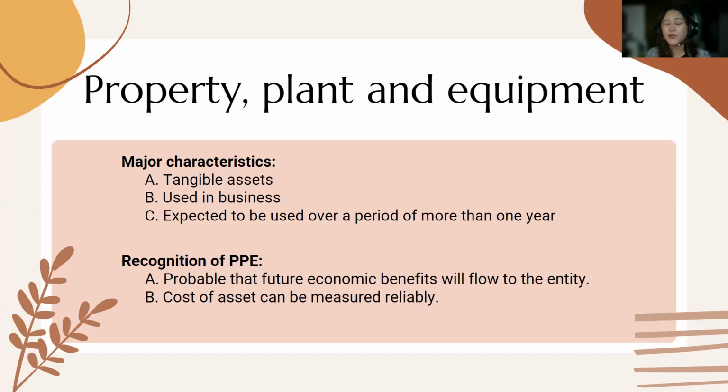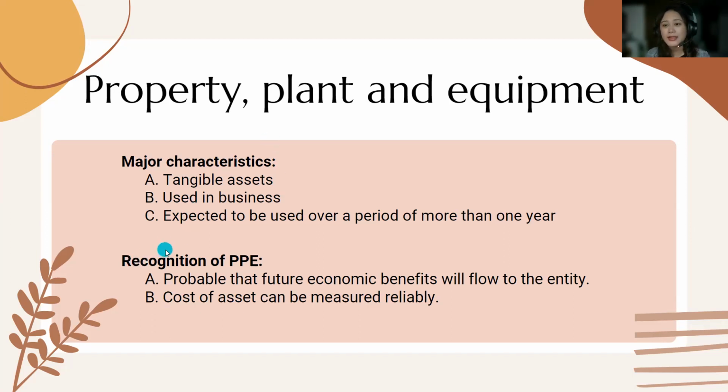Kunyari, meron kang equipment, pero feeling mo, less than a year lang ito magagamit. So, it should be expensed. Hindi na siya dapat i-treat as property, plant, and equipment. Kasi take note, ang property, plant, and equipment is under non-current asset. So, dahil asset siya, it should be used over a period of more than 1 year. So, those are the 3 major characteristics para masabi mong isa 'tong property, plant, and equipment.